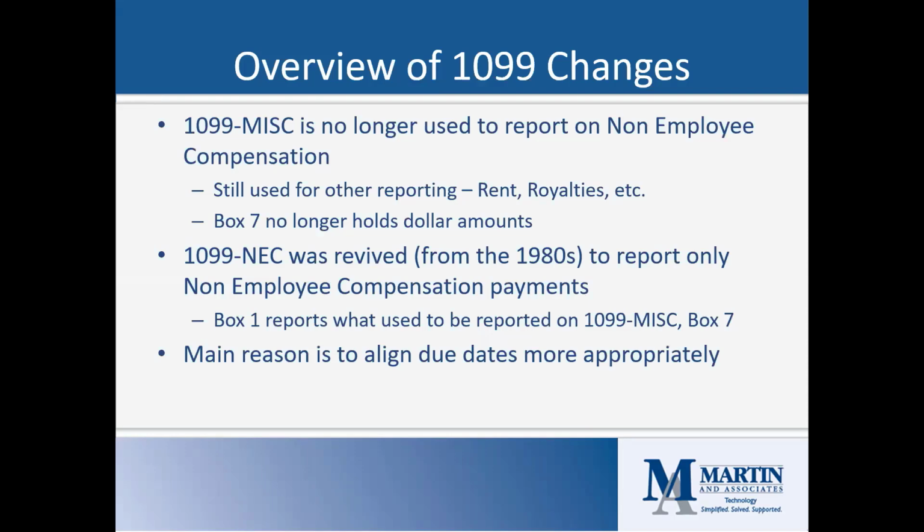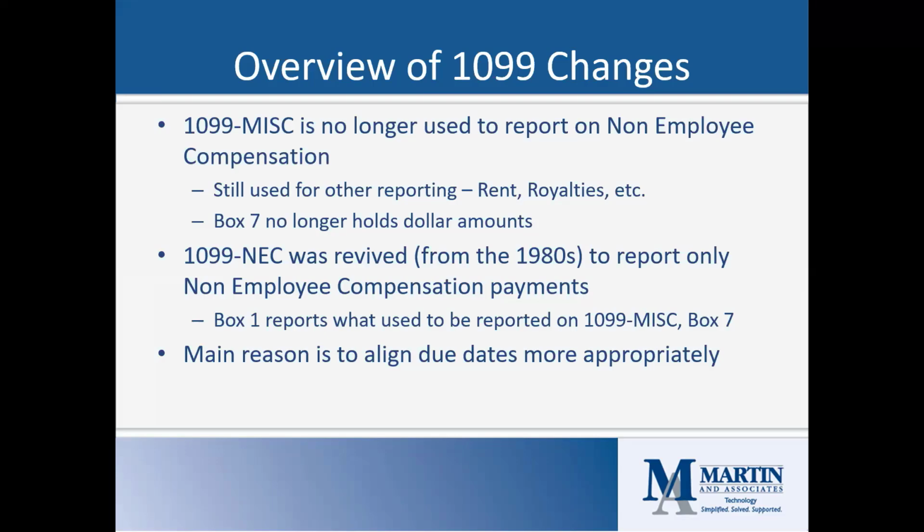So the main overview here is that the 1099 miscellaneous form is no longer used to report non-employee compensation. It is still a valid form, just not for non-employee compensation. It still holds rents and royalties, and I think legal fees and things like that. There is a box 7, which is where non-employee compensation used to be kept, but it's not for that purpose anymore.